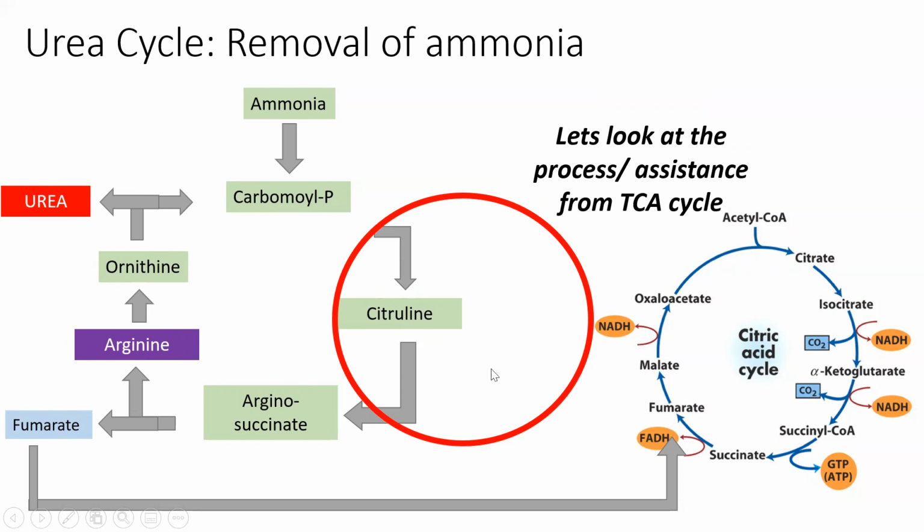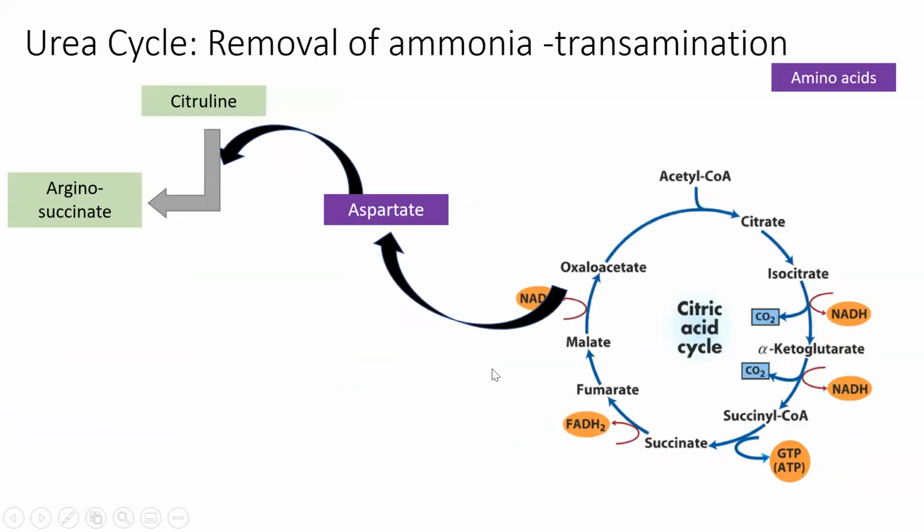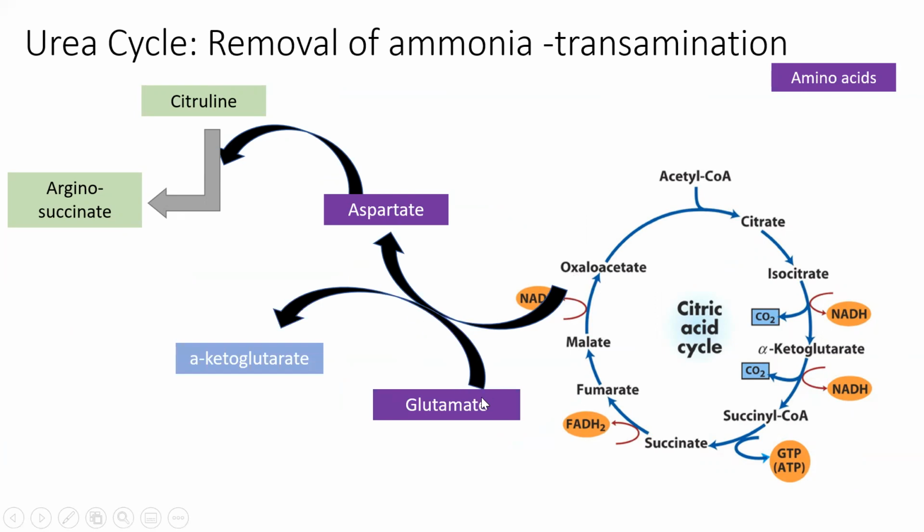So we're going to focus on this step here. Here is a series of using amino acids and the process of transamination. We're going to take oxaloacetate and donate that group to become aspartate. And we're going to be reducing glutamate to an alpha ketoglutarate. So this is that alpha keto acid. The glutamate is your amino acid.